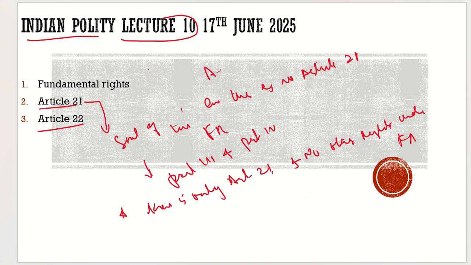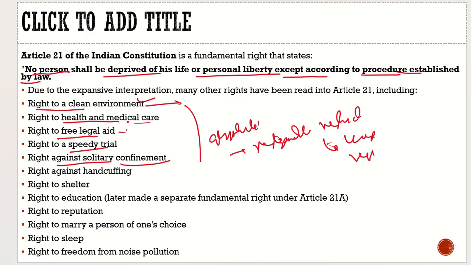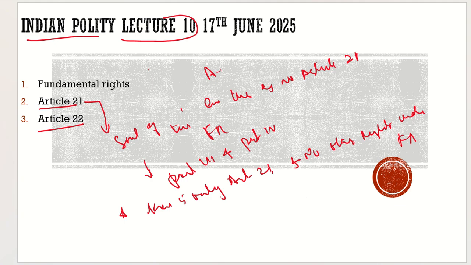Just one right is given, that is Article 21, the fundamental right which says that you have the right to life and personal liberty, that no person shall be deprived of his life or personal liberty except according to the procedure established by law. Now let's assume what would be your condition.